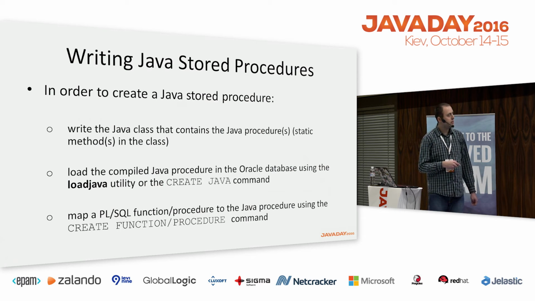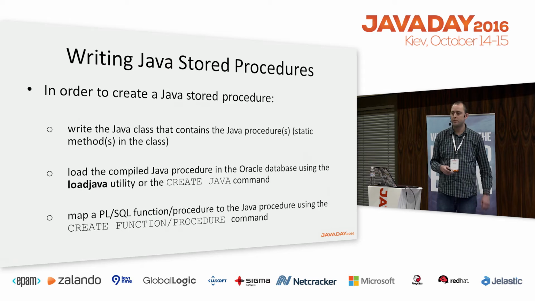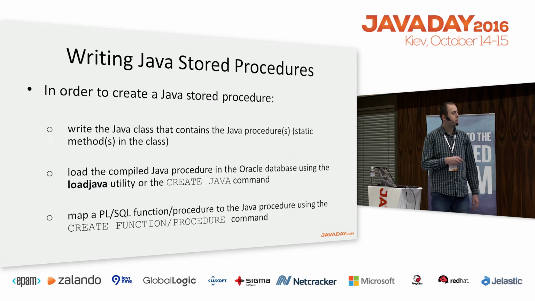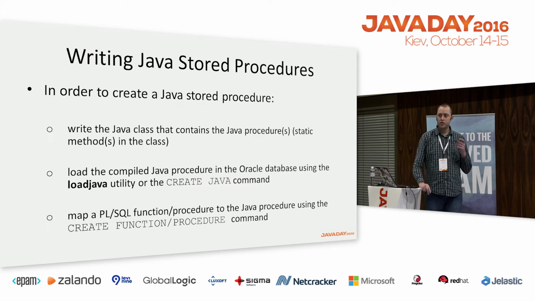With the loadjava utility, you provide a class file and a particular user, along with possibly some other options, for loading either a source file or compiled Java file inside the Oracle database. If you load a Java file, not a class file, in Oracle database, that Java file can be compiled by Oracle database before the stored procedure is actually executed.